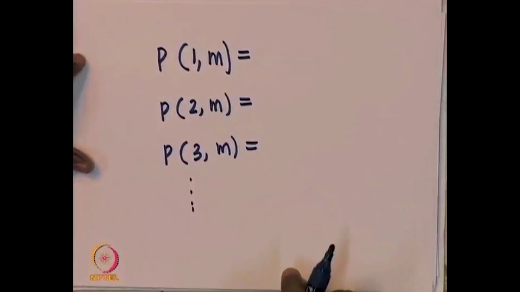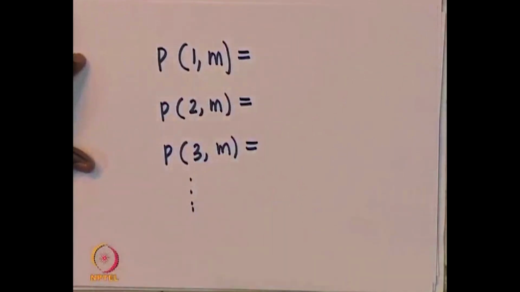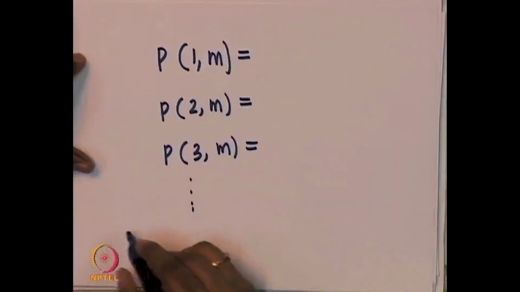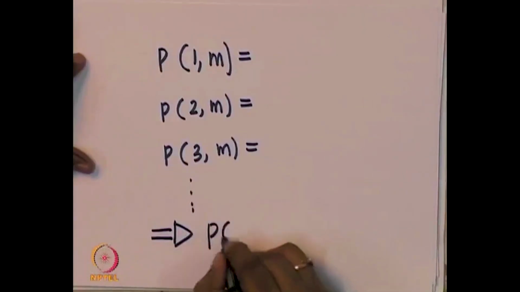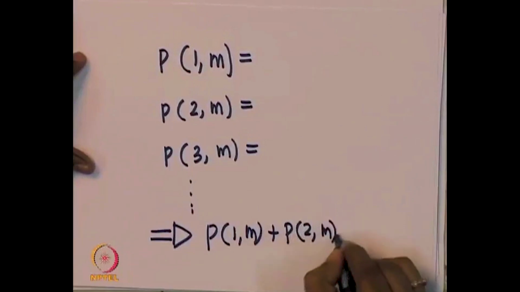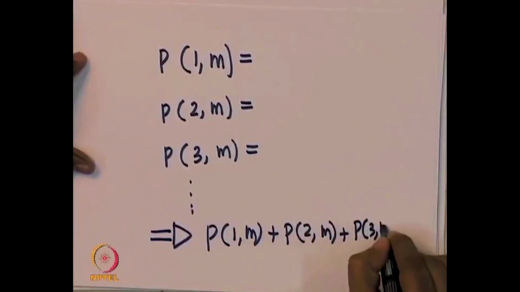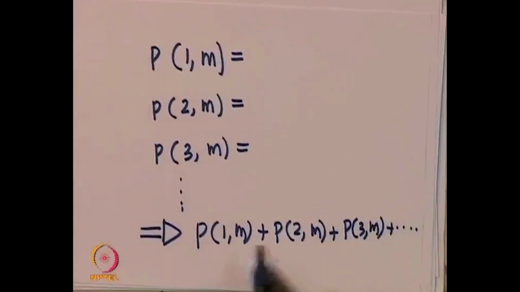So now we can sum all of this. The probability that there is at least one tumor is given by P of 1 comma m plus P of 2 comma m plus P of 3 comma m, dot dot dot. That means, what is the probability that a patient will have at least one tumor?